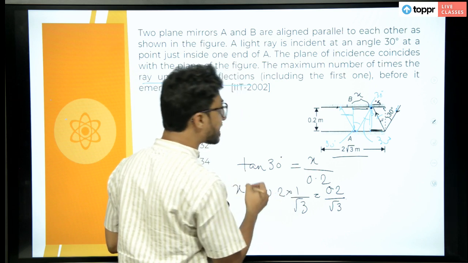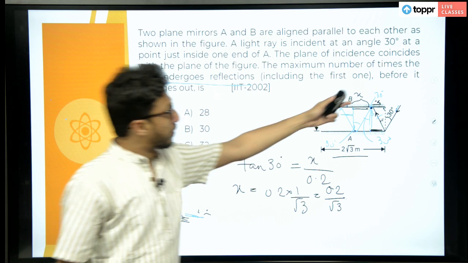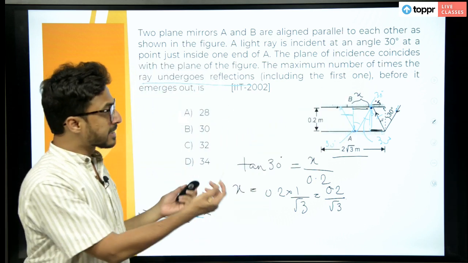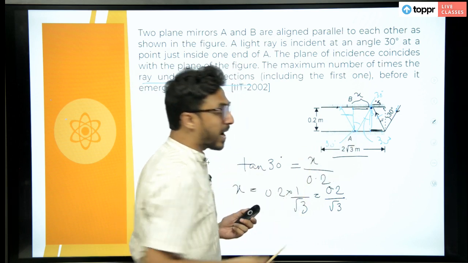Now this is x. So how many number of times will the ray undergo reflection? As we have derived, it is nothing but the length of the mirror divided by x.